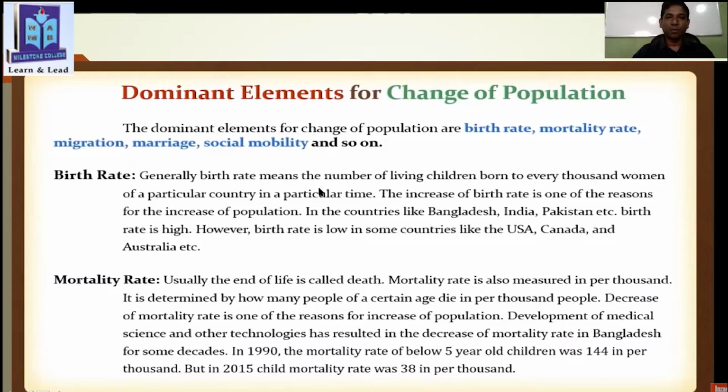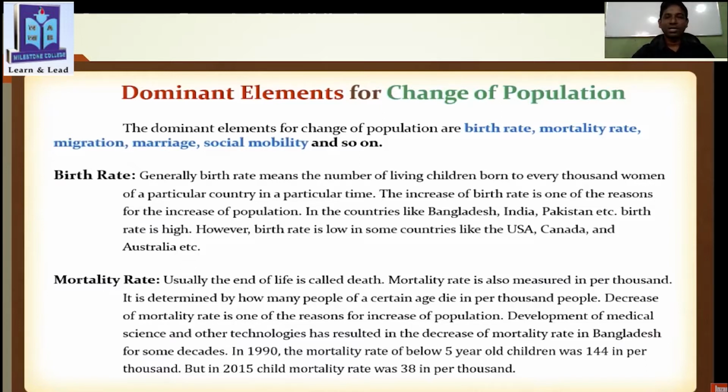So this is called birth rate. The first line you must underline from here. The increase of birth rate is one of the reasons for the increase of population. It's a very important point. In countries like Bangladesh, India, Pakistan, etc., birth rate is high. However, birth rate is low in some countries like the USA, Canada, and Australia.